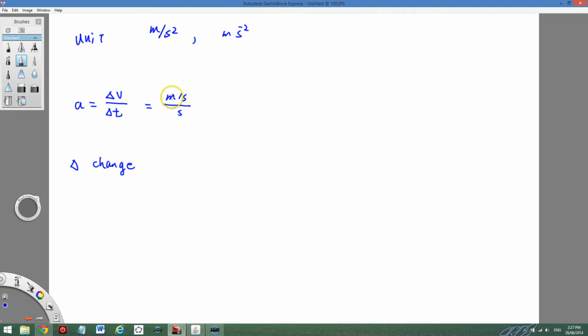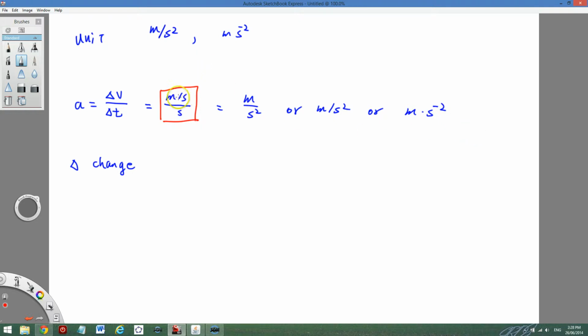If I do it in math, meters per second, then divided by second, I have meters per second squared, or meters times seconds to the power of minus 2. This is where the unit came from. It came up like this, due to mathematical symbols.